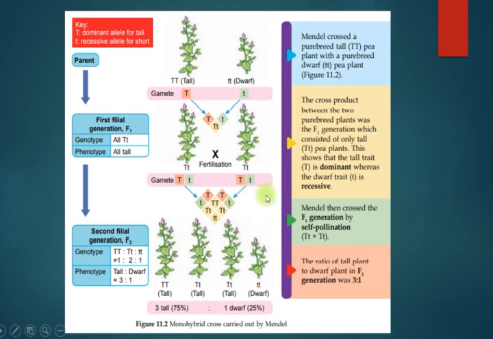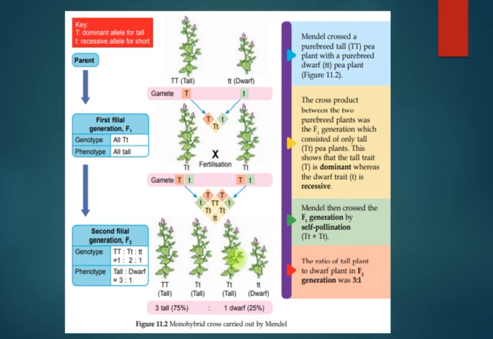Mendel carried out one more experiment whereby he crossed the F1 generation with each other by self-pollination, and then it will produce the F2 generation. In the F2 generation, the ratio of tall plants to dwarf plants produced is 3 to 1.